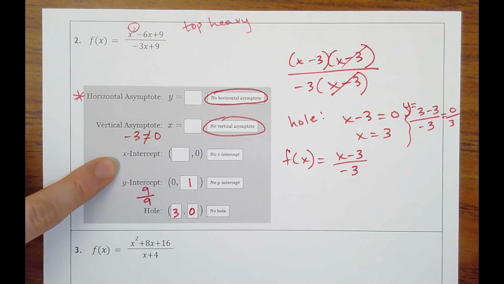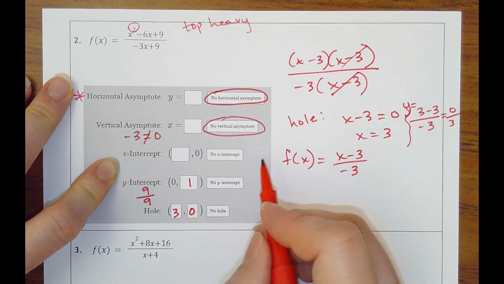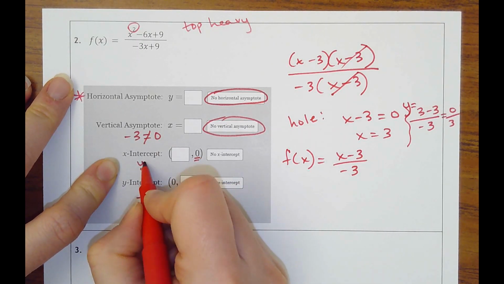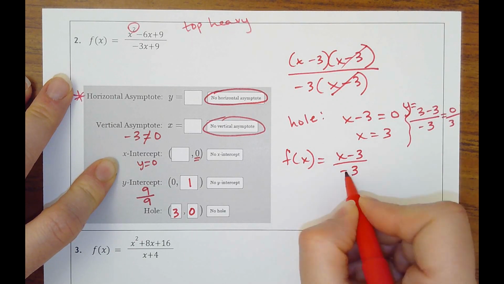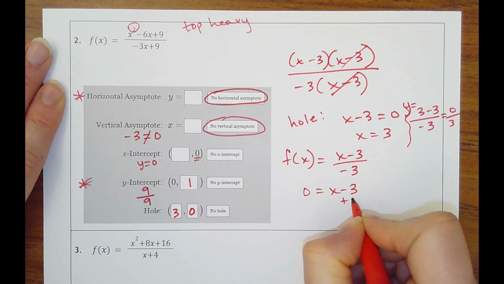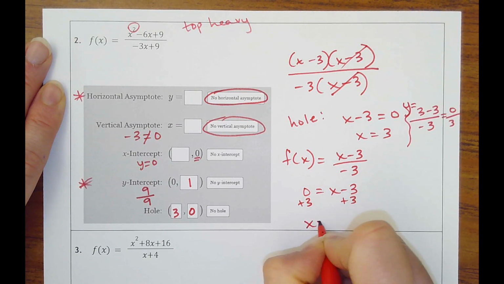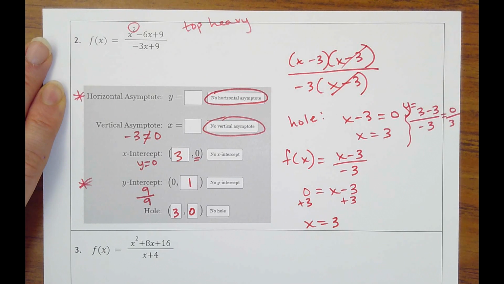And then x-intercept we need to find. We know that y is 0, so we're going to plug in y is 0, cross multiply, that makes 0. So really we're just setting x minus 3, the numerator, equal to 0 and solving. So x would be 3. Okay, but let's think about this.